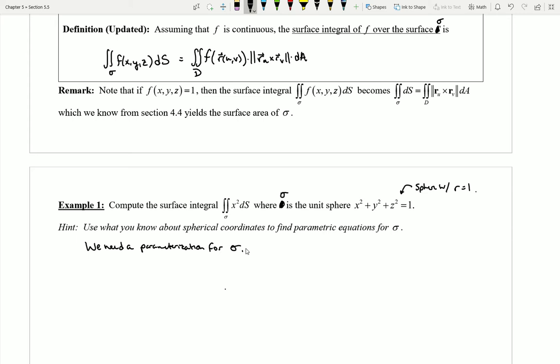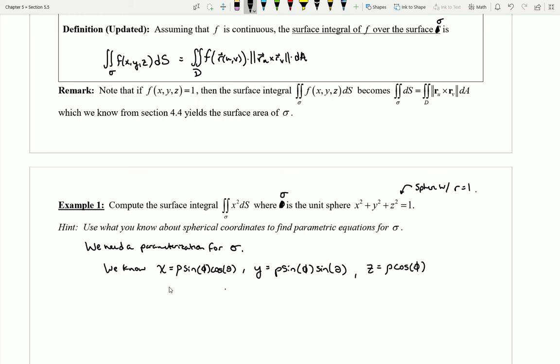If sigma here is a sphere, then what I know by spherical coordinates is that x is given by rho sine phi cosine theta. It's also the case that y is given by rho sine phi sine theta. And you might recall that z is just given by rho cosine phi.